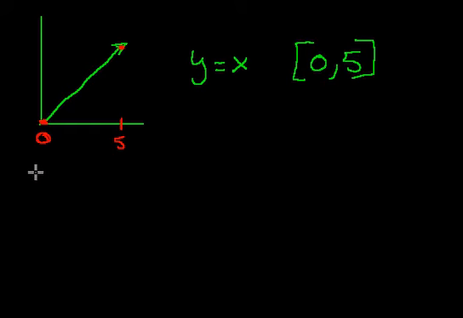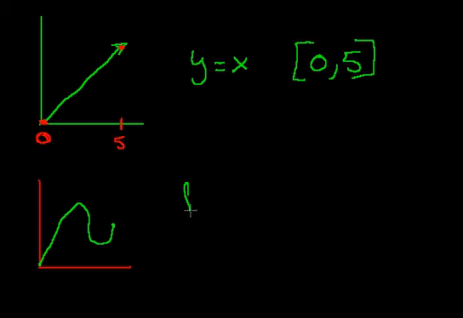But what if we had a function that looked like this? Again, we were looking from 0 to 5, but it went up, then it turned down, and then it ended right here.